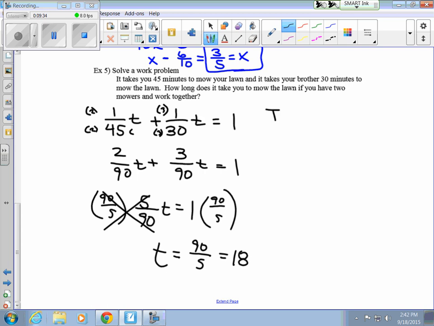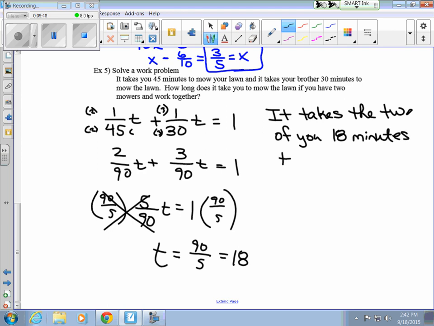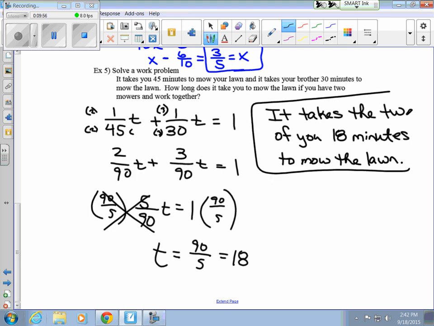So it takes the 2 of you 18 minutes to mow the lawn. So if you work together, it'll only take 18 minutes to mow the lawn.